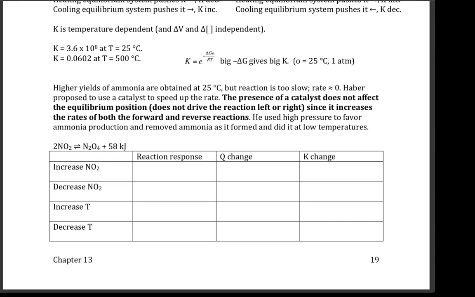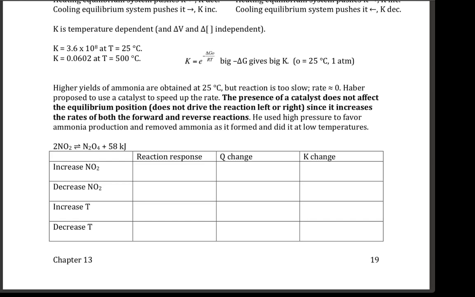Our last column is how does K change with these changes? Well, K is the equilibrium concentration of N2O4 divided by the equilibrium concentration of NO2 squared. K is only dependent on temperature.